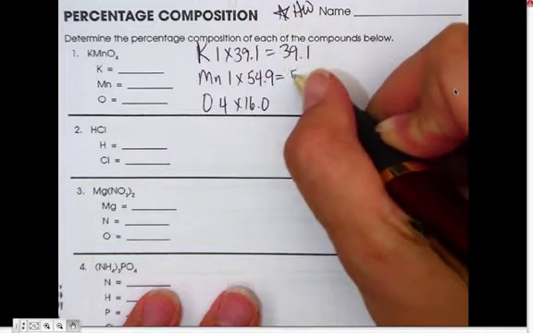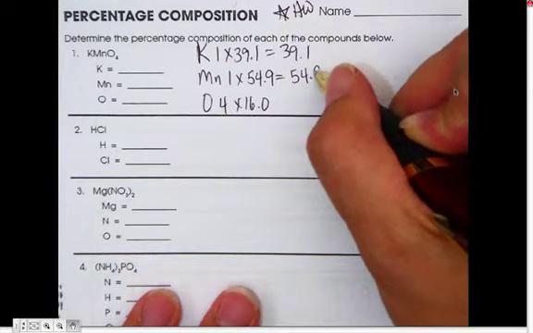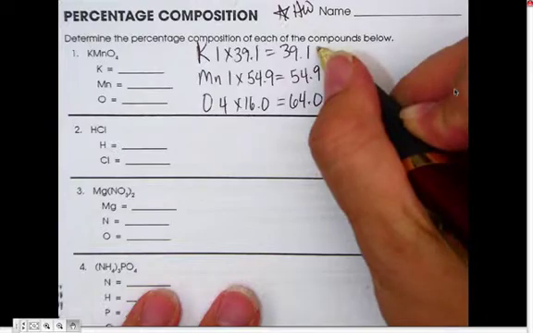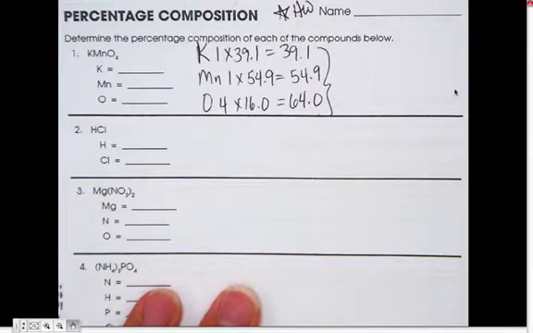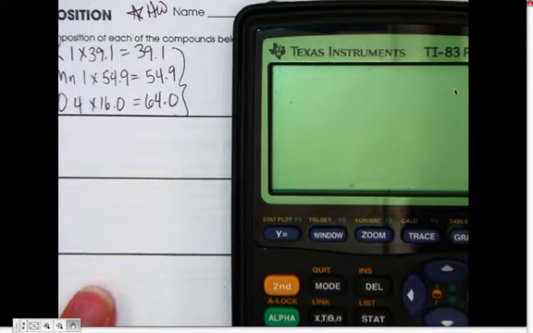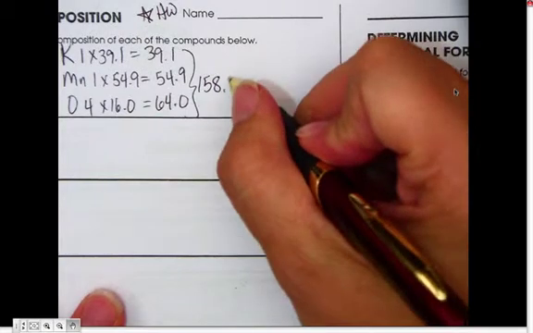Multiplying across, 1 times 39.1, 1 times 54.9, 4 times 16 is 64. Total of these is 39.1 plus 54.9 plus 64, 158.0 grams per mole.